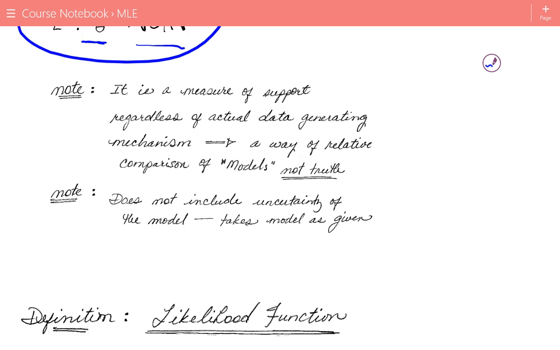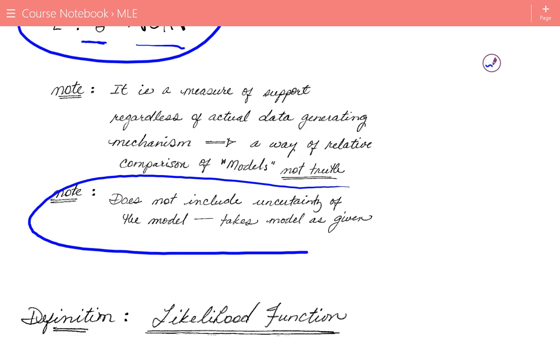Also notice that in its own right, maximum likelihood estimation does not typically include uncertainty of the model itself. It includes uncertainty with regard to the estimation of the parameters, but not the fact that I decided to pick a gamma distribution rather than, say, a normal distribution. There are ways to account for model uncertainty. We will not cover that in this course.